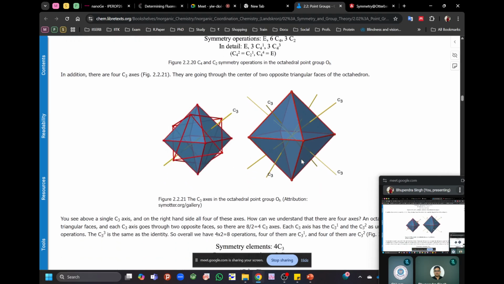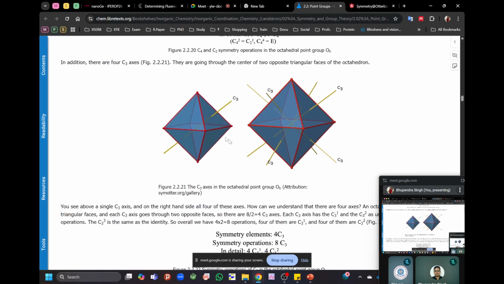Anyways, now look at the C3. This is the C3 passing in the middle of this face and this face, the back face. So this is your C3. It is difficult to visualize, but the animation is making your life easy.